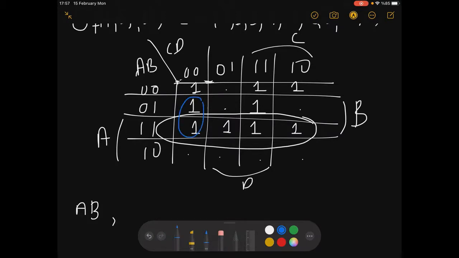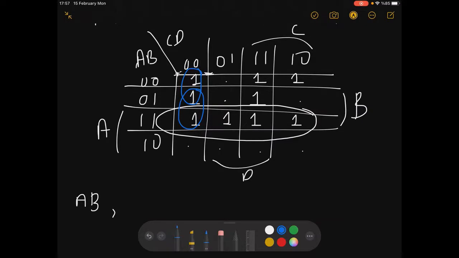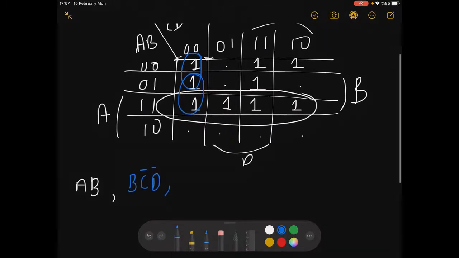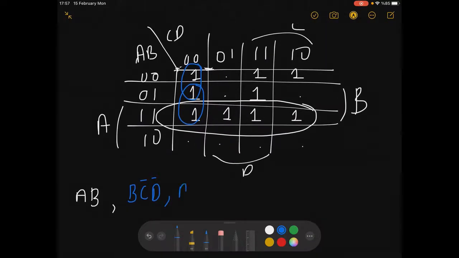This one and this one. What are they? They are B, C not, D not, and the one above is A not, C not, D not.